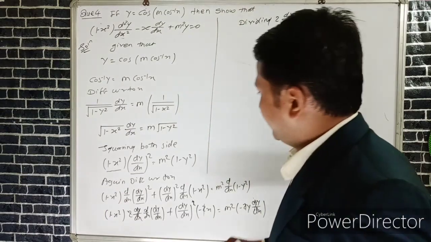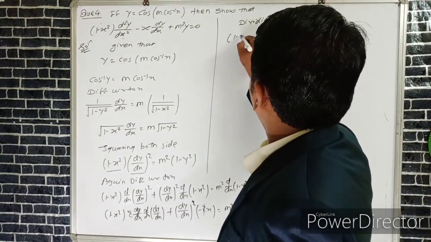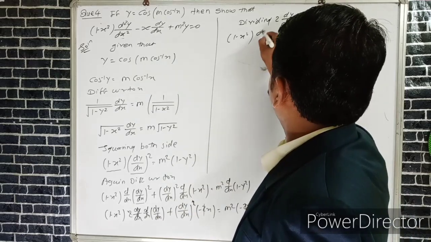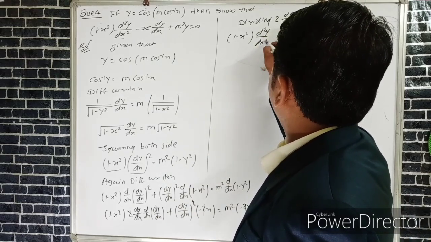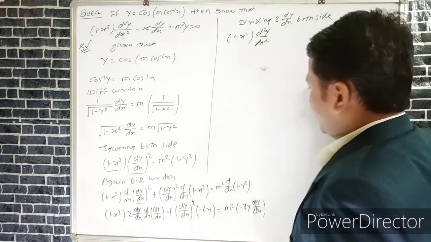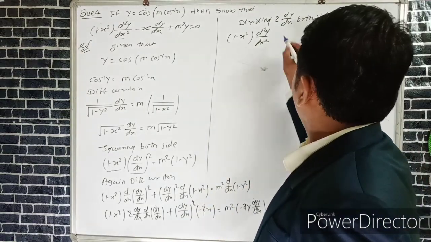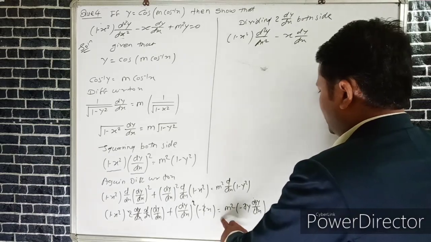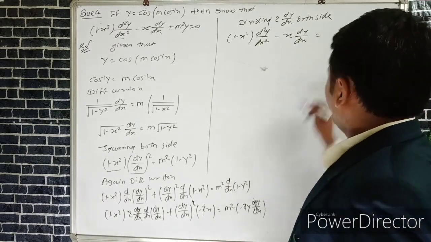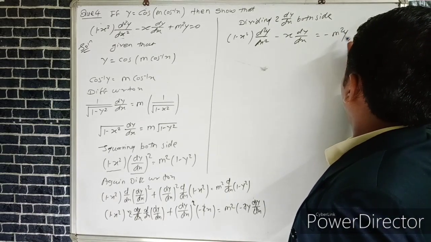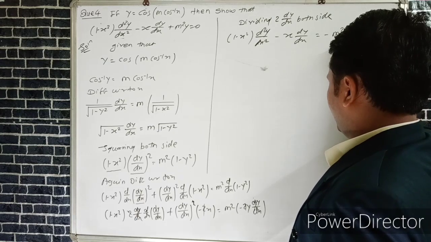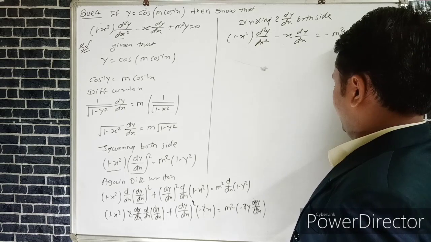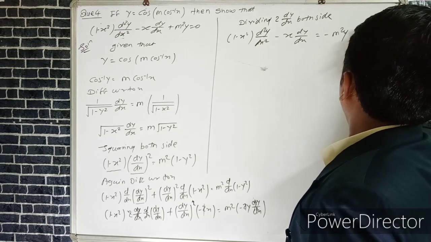We can write it as 1 minus x square into the derivative of dy by dx, which is the second order derivative d2y upon dx square, plus minus x into dy by dx is equal to minus m square y.